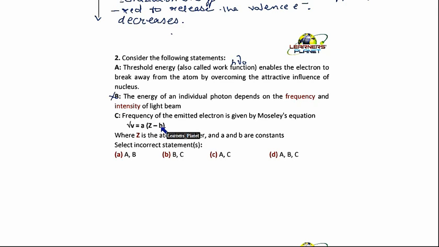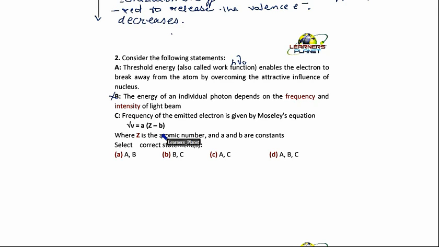B is another constant, and Z is the atomic number. Select the correct statements.